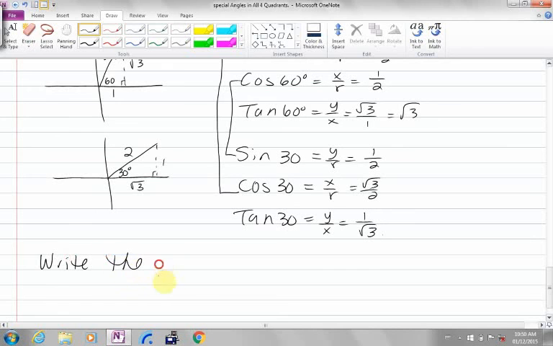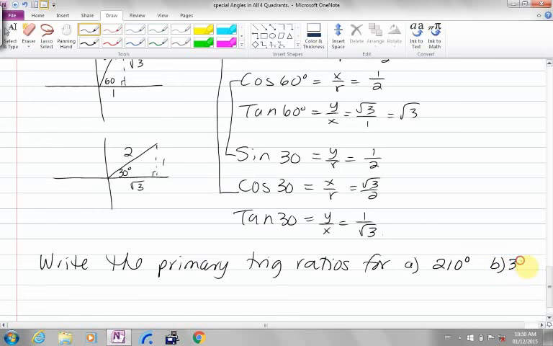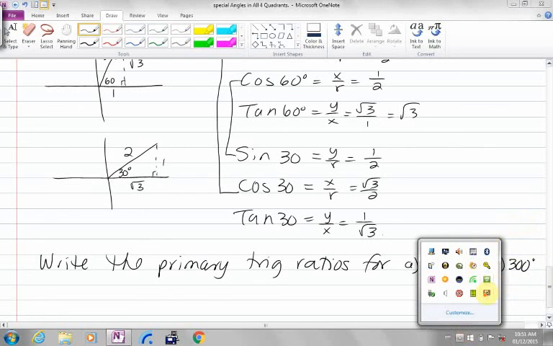Write the primary trig ratios for 210 degrees and 300 degrees. So, for sure, you're going to want to draw a diagram to start.